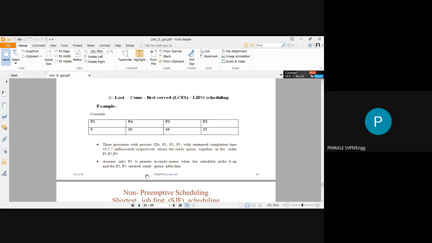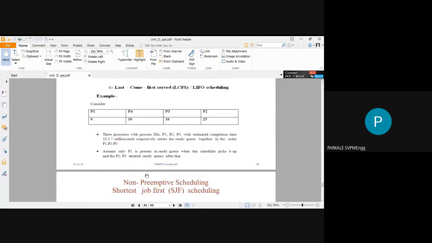If you use the shortest job first scheduling algorithm, the microprocessor will execute your processes in this sequence. The CPU will first select process P1, which requires only 0 seconds, and complete it. Then out of P2, P3, and P4, P4 has the least execution time, only 10 seconds, so P4 will be selected second.